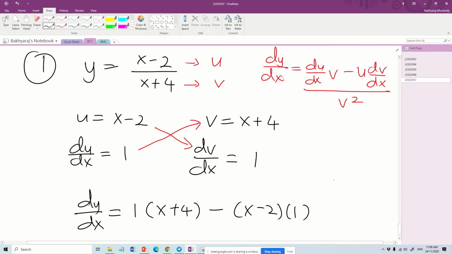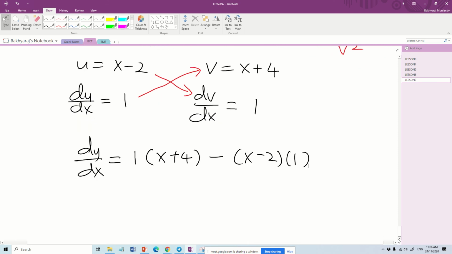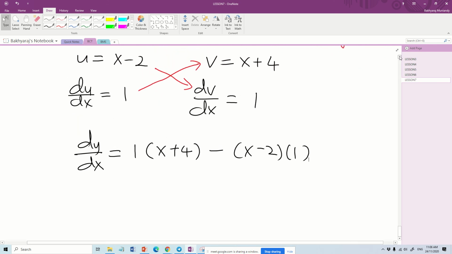And then divided by v square. So v siapa? V ialah x plus 4. So divided by v square, x plus 4 square.